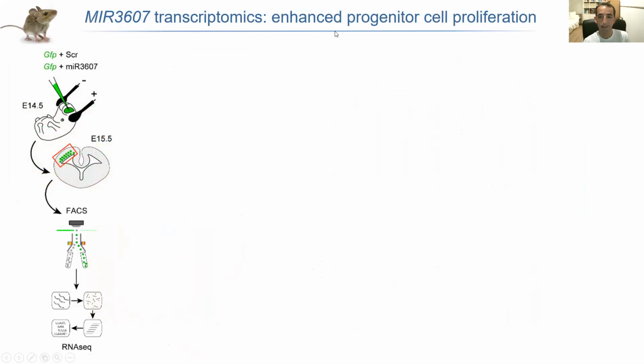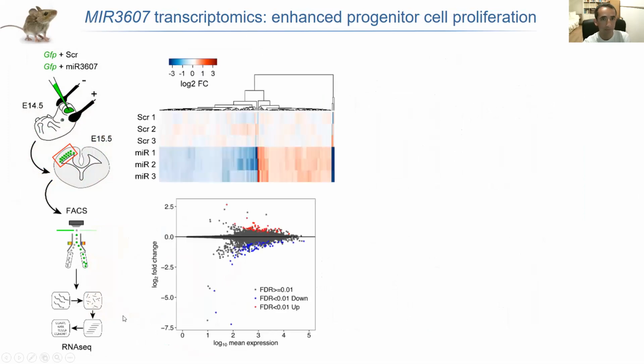Now, to know what's the transcriptomic effect of this miR that would cause these changes in progenitors, we performed RNA-seq analysis following the standard protocol, following electroporation of our plasmids, either control or the microRNA. We FAC sorted the green cells and then performed RNA-seq. We found a number of differentially expressed genes, and as expected, the majority of these differentially expressed genes were downregulated.